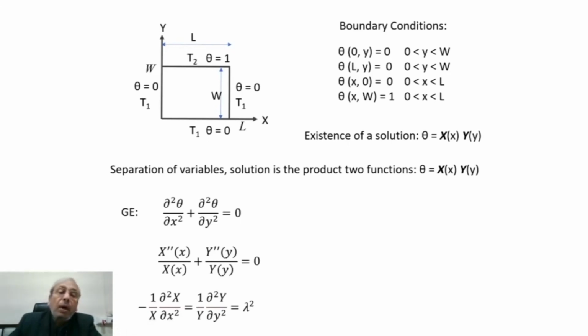So on this domain, we can assume the existence of a solution given by theta equal to uppercase X, which is a function of x, and uppercase Y, which is a function of y. So basically, theta can be thought of as the product of these two functions, which are also indicative of temperatures.